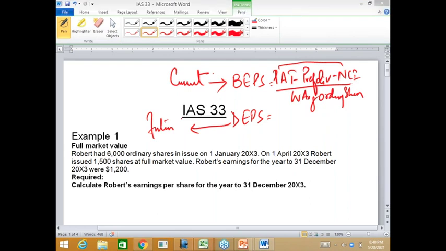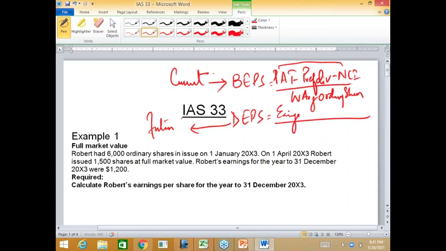NCI is shown in the income statement. The NCI acquisition or reporting is actually related to the balance sheet, but here we are talking about the share of the profit of NCI from the current year's income statement. NCI will be used only when we are calculating the EPS of a group. When we are calculating the diluted EPS, the formula will be the same.